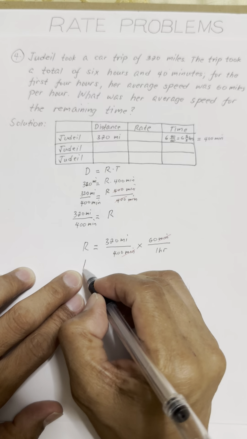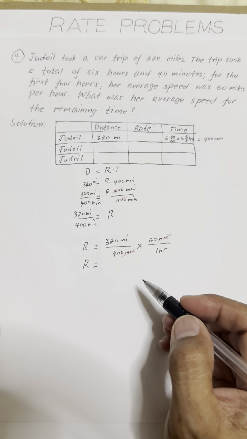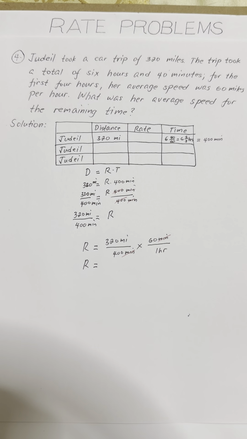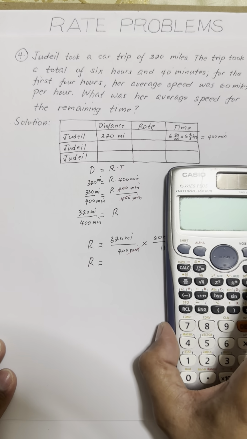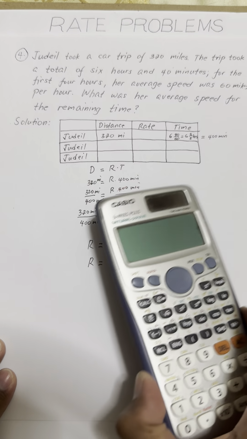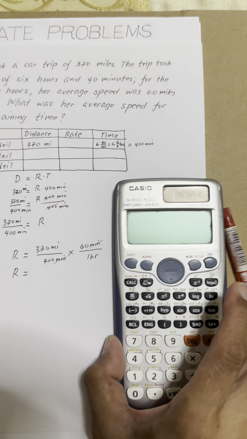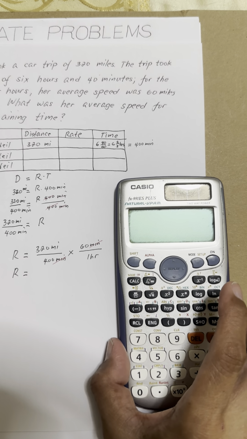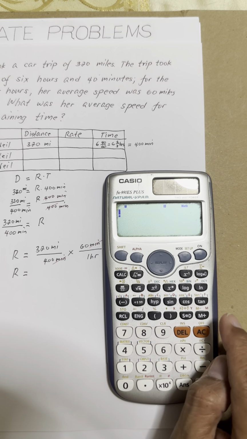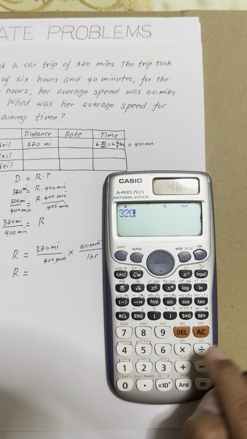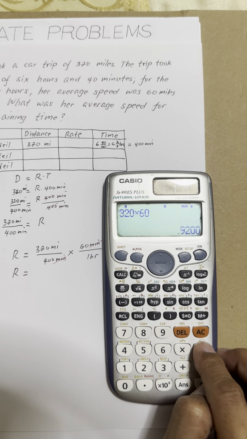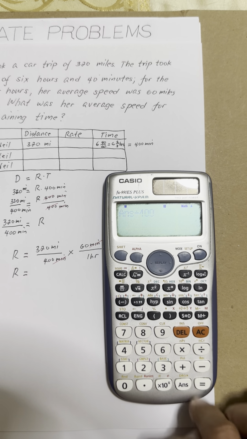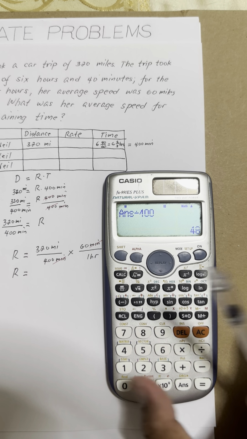So we have the rate equal to, let's multiply, 320 times 60, then divide this by 400. So this is equal to 48.